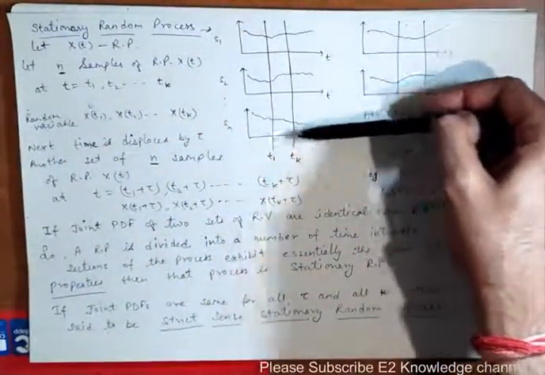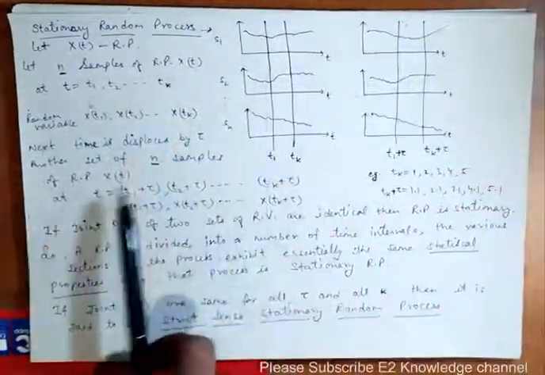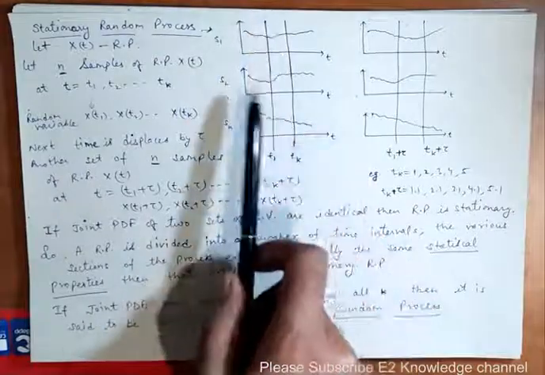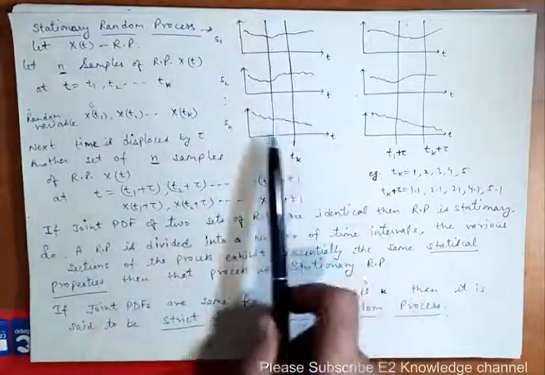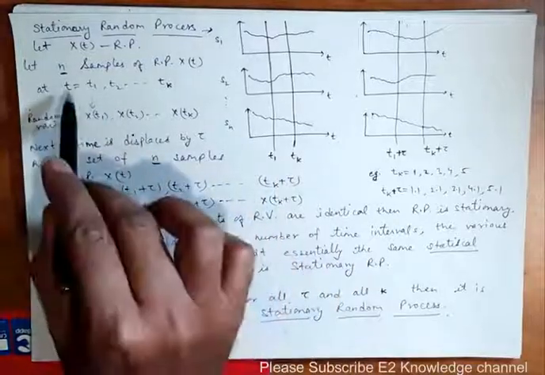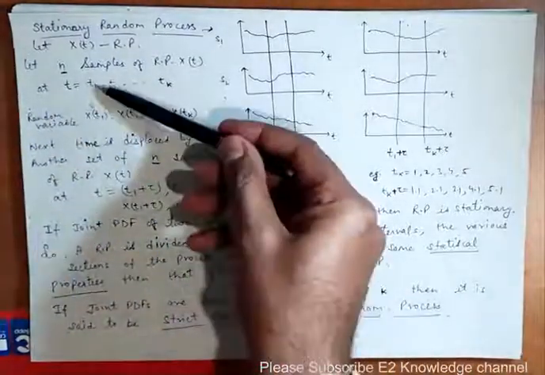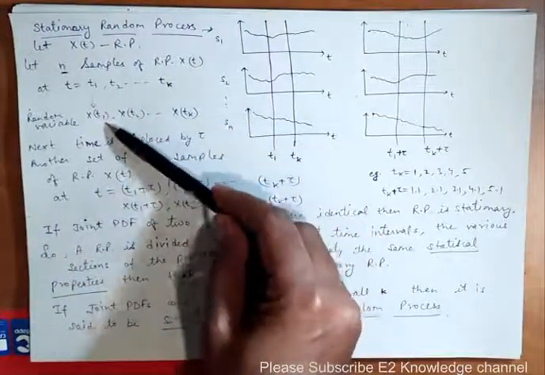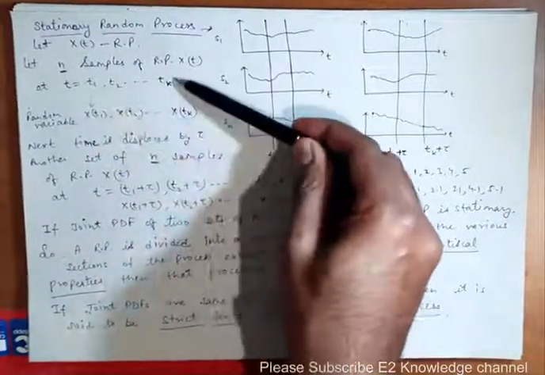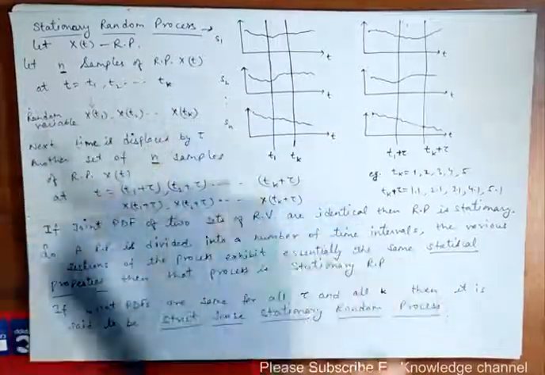In this time interval we have observed the random process, and we have a set of random variables: at time t1, at time t2, at time tk. So suppose X(t1) is the random variable at t1, X(t2) at t2, and X(tk) at tk. We have saved these random variables.